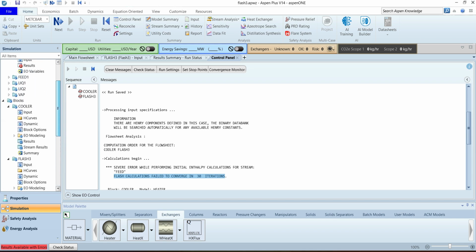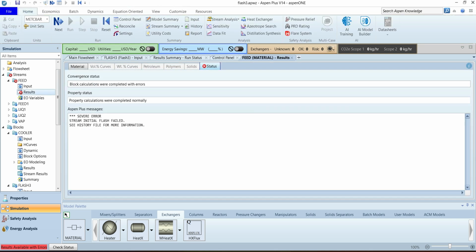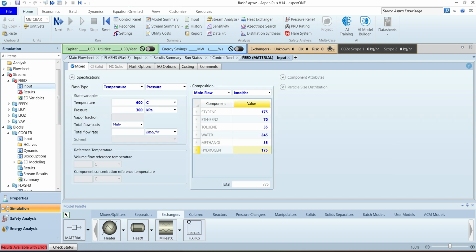We can also proceed to the feed stream and have a look at the results error status. Stream initial flash failed. See history file for more information. So what happens? We have defined 300 kilopascal and 600 degrees Celsius, and the components involved in the simulation are aqueous components, organic components in the liquid phase, as well as hydrogen.